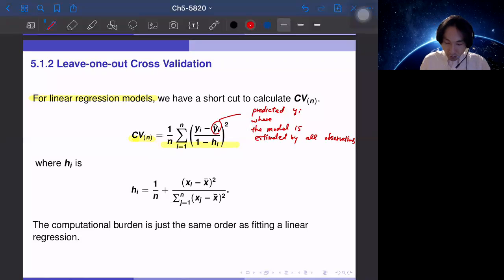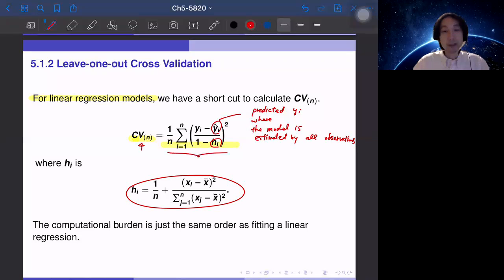And hi is defined by this quantity. Then the cross-validated error is calculated by the summation of this. So this really takes a short time because we fit only one model.